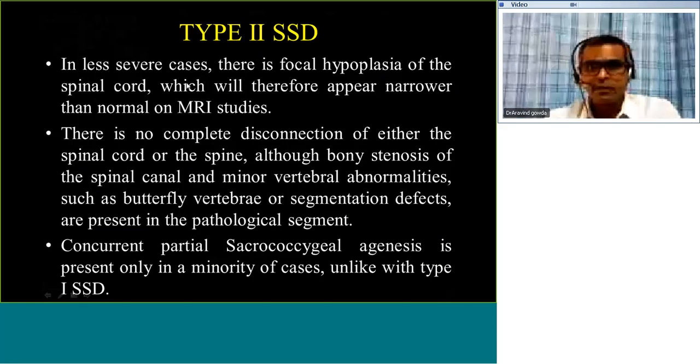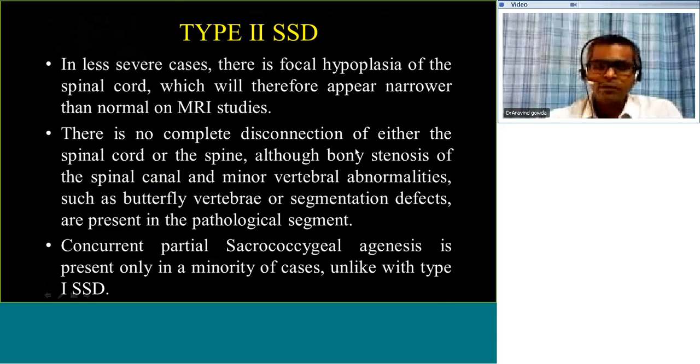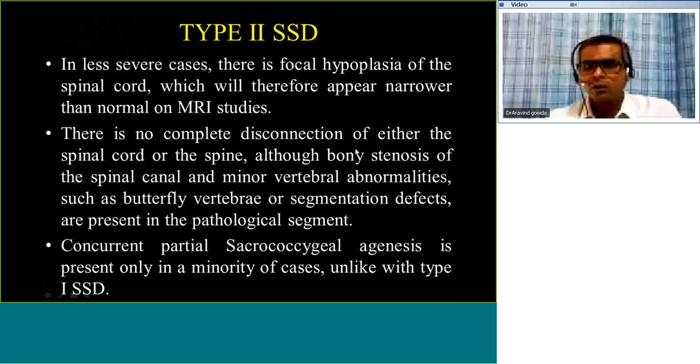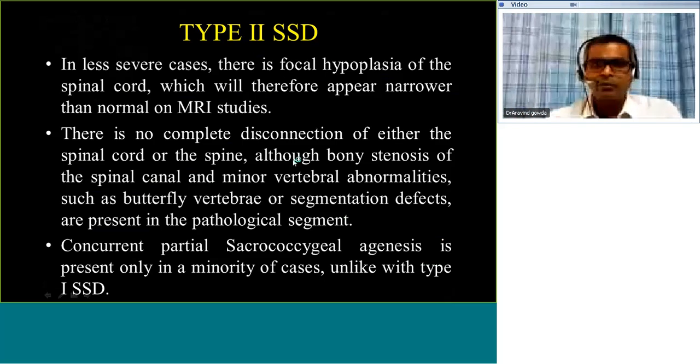Coming to the type 2 SSDs, this is a less severe case. There is focal hypoplasia of the spinal cord, which, due to the hypoplasia, appears thinner than normal on MRI studies. So there is no complete disconnection of either the vertebral bodies or the spinal cord in type 2 SSDs.